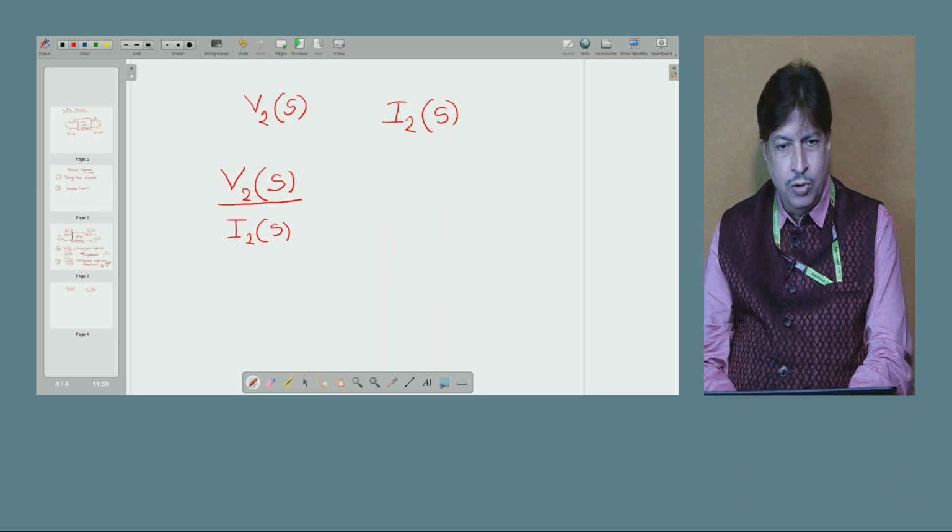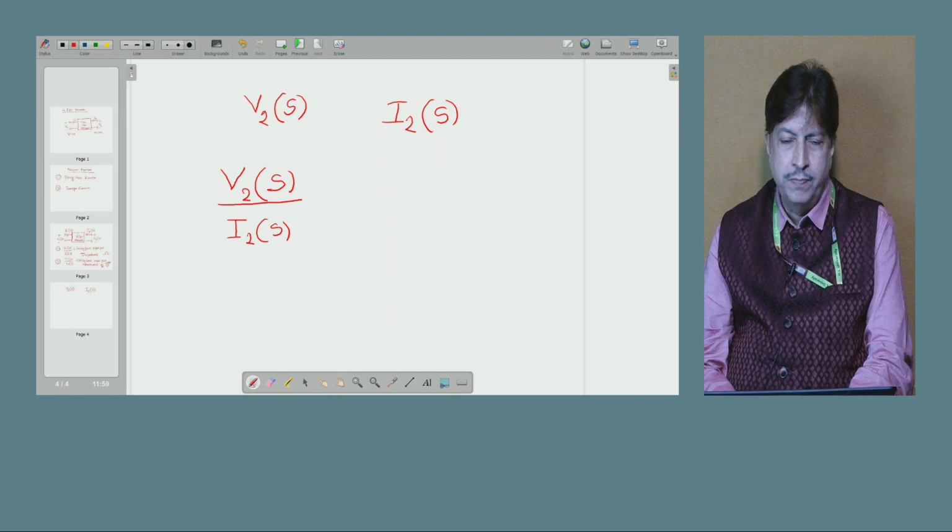Numerator is voltage, denominator is current, and both belong to the output port.